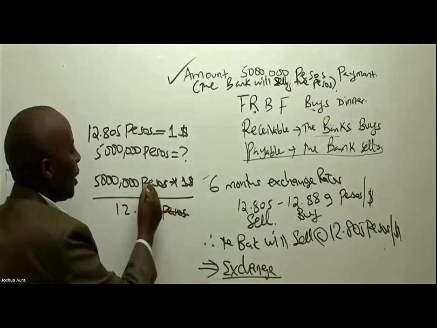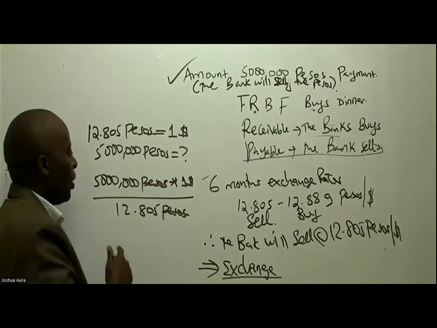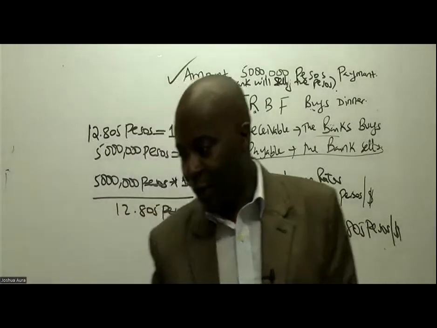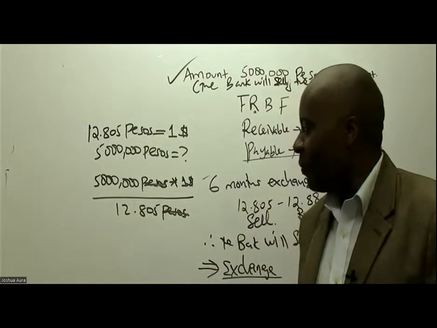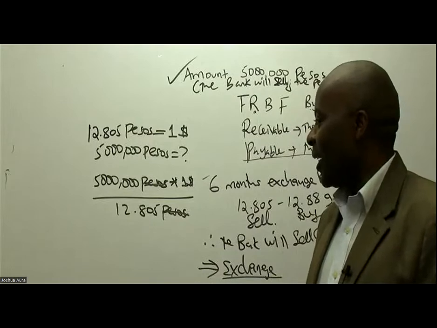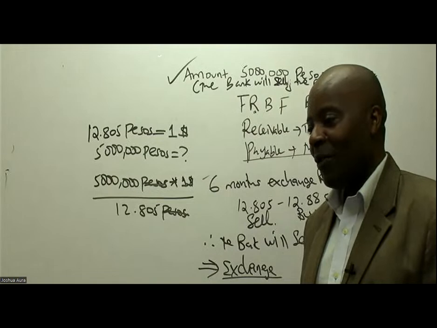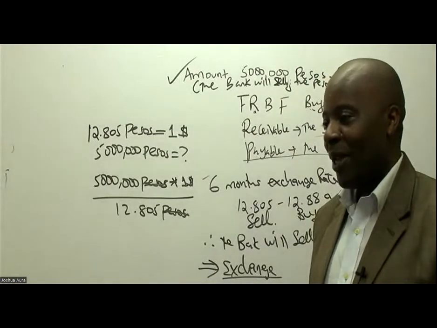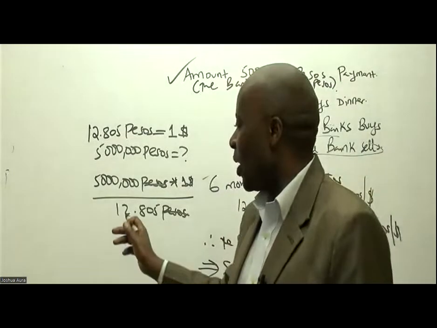So the pesos will cancel out, leaving me an answer in the form of dollars. So 5 million divided by 12.805 will give me how much? $390.42.